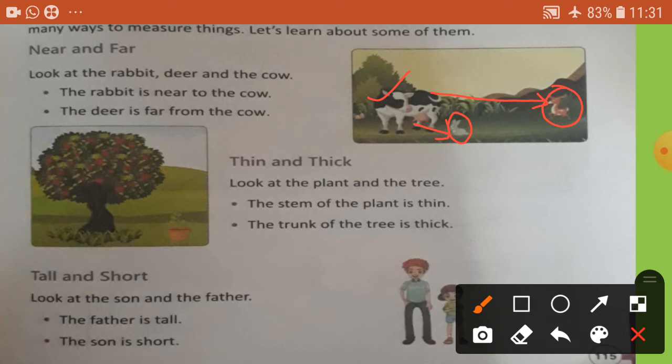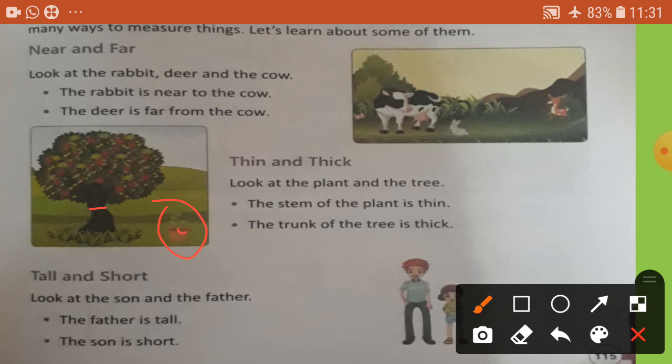Next point, thin and thick. See the left side picture. Look at the plant and the tree. The stem of the plant is thin.